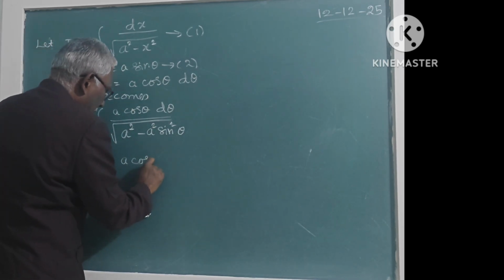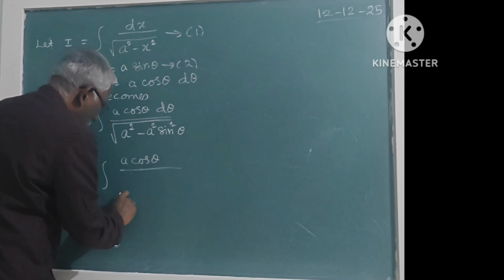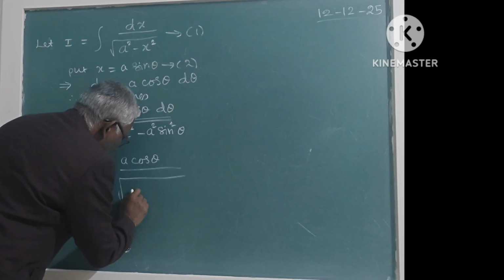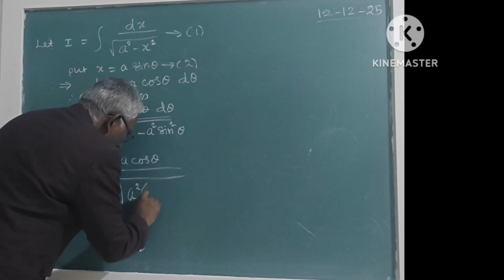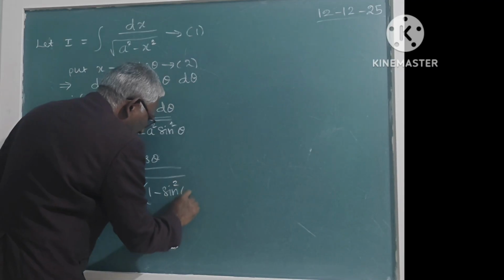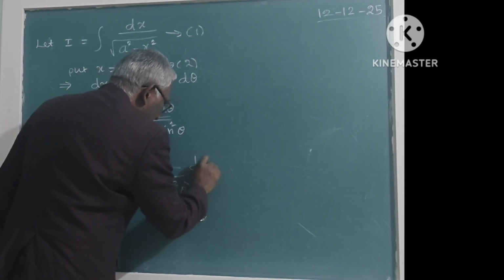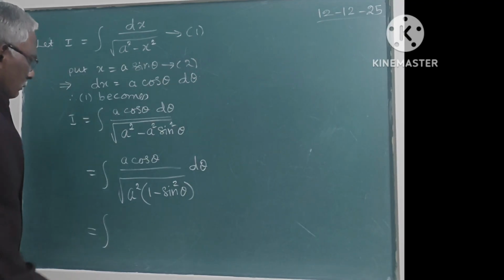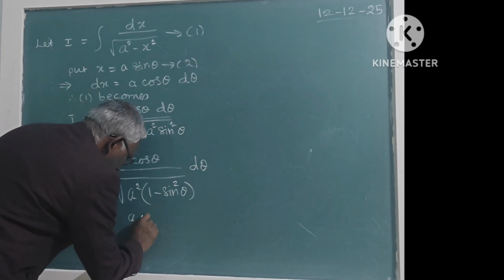So a cos theta by square root of, take a square commonly outside, then this becomes 1 minus sin square theta, d theta. A cos theta.